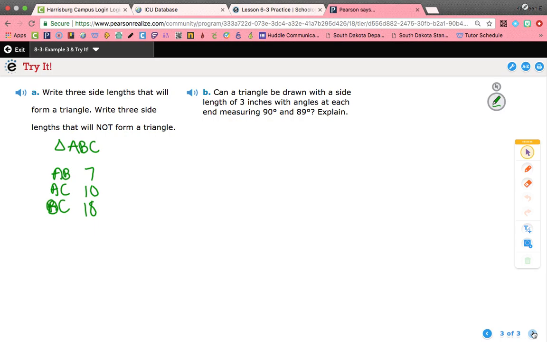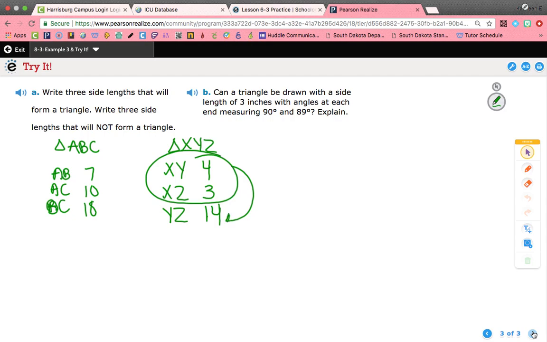One that will not, so we can have triangle XYZ, and we can have line XY 4, XZ 3, and YZ 14. That will not make a triangle because the two shorter sides do not add to be 14.